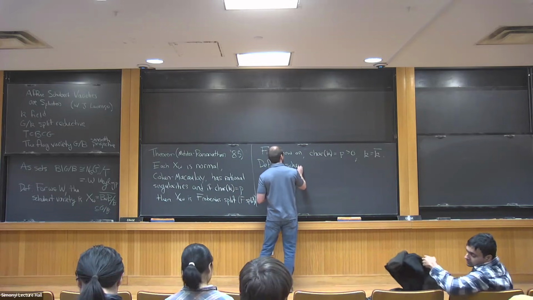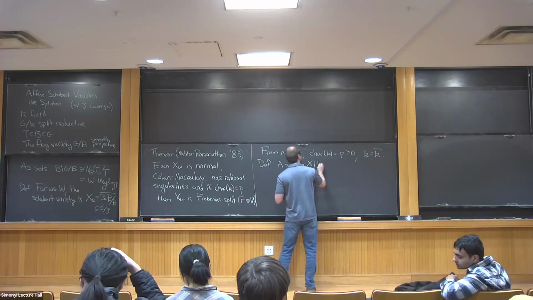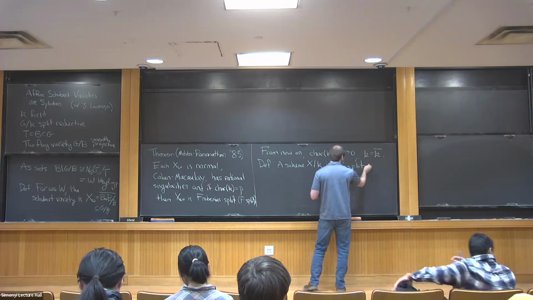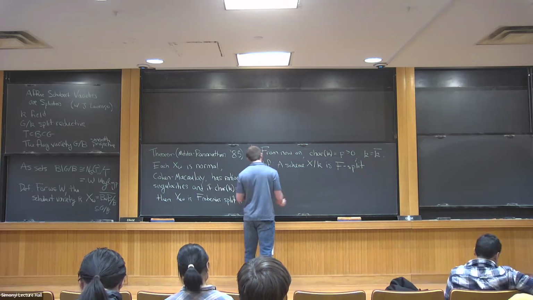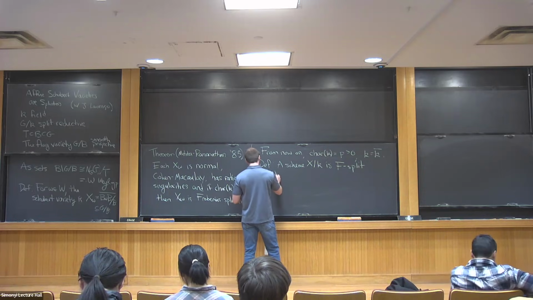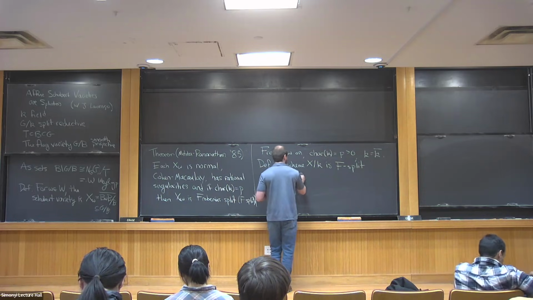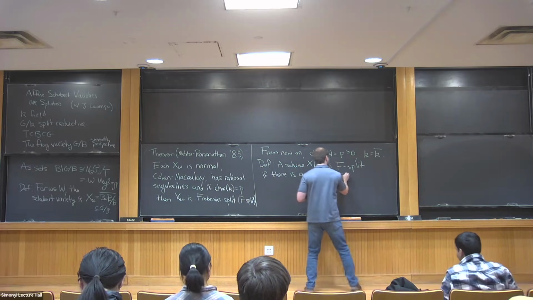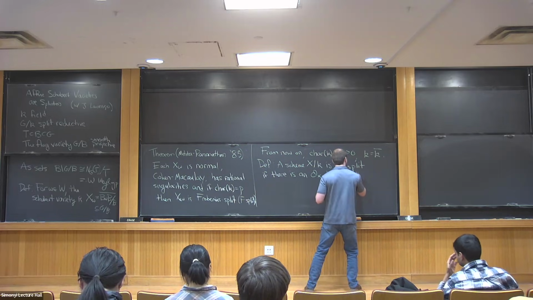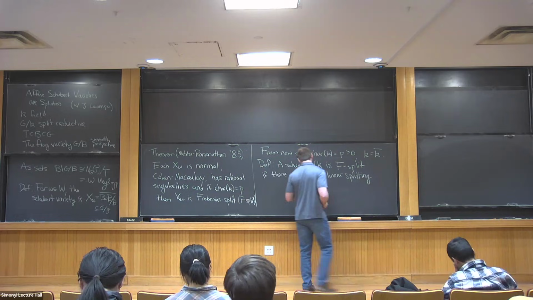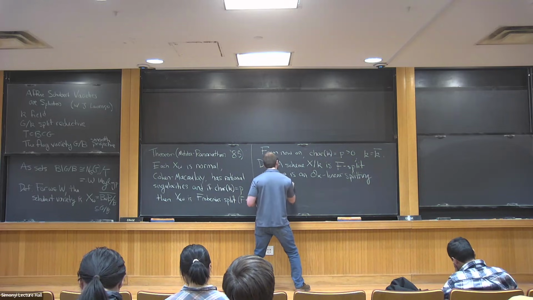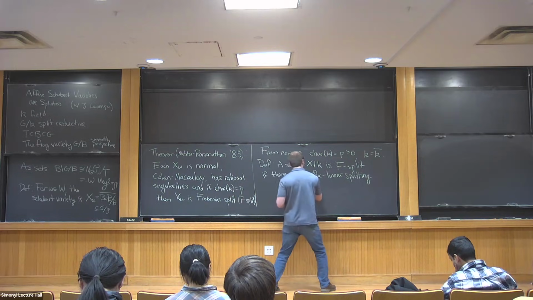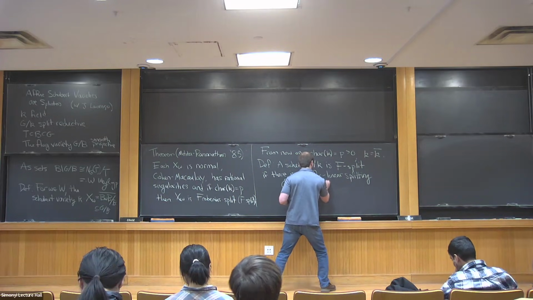A scheme X over K is F-split if the Frobenius map can split. What that means precisely is that there is an O_X-linear splitting of the Frobenius. The Frobenius map, I'm always going to view it as the map from O_X to the pushforward of O_X along the absolute Frobenius.